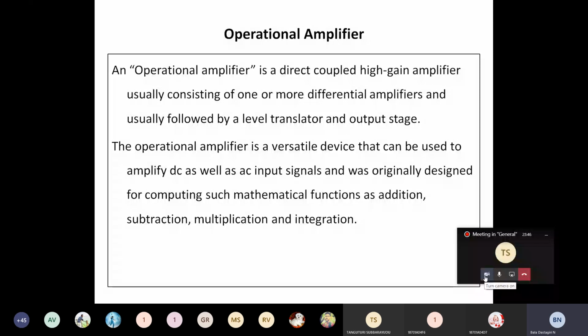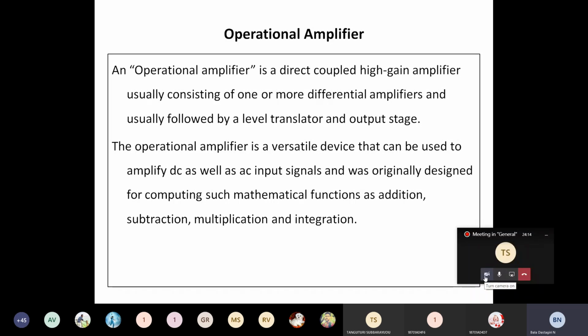It was originally designed for mathematical functions such as addition, subtraction, multiplication, and integration. The internal structure consists of one or more differential amplifiers followed by a level translator and an output stage.